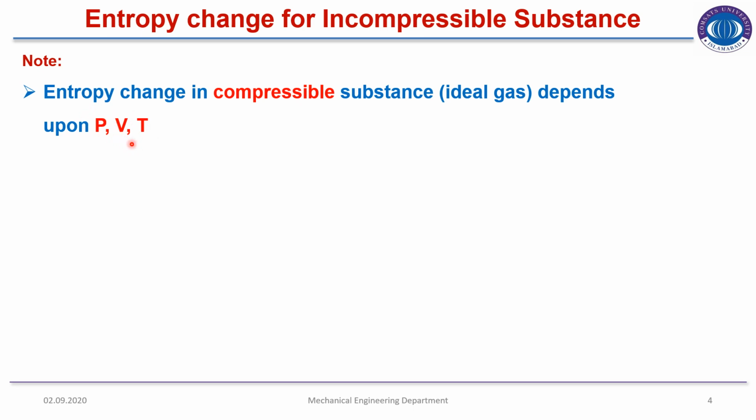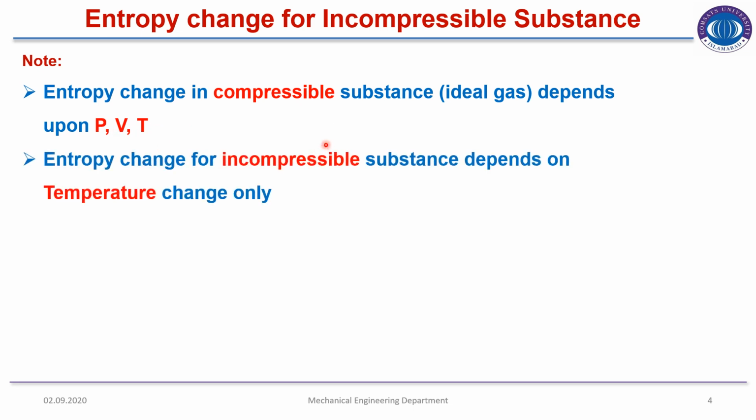Because in the previous lecture, when we were calculating the entropy change for ideal gas, we derived three different relations to calculate the change of entropy, which contain temperature and volume in the first relation, temperature and pressure in the second, and volume and pressure in the third relation. So the entropy change in compressible substances depends upon pressure, volume and temperature, whereas entropy change for incompressible substances depends upon temperature change only.